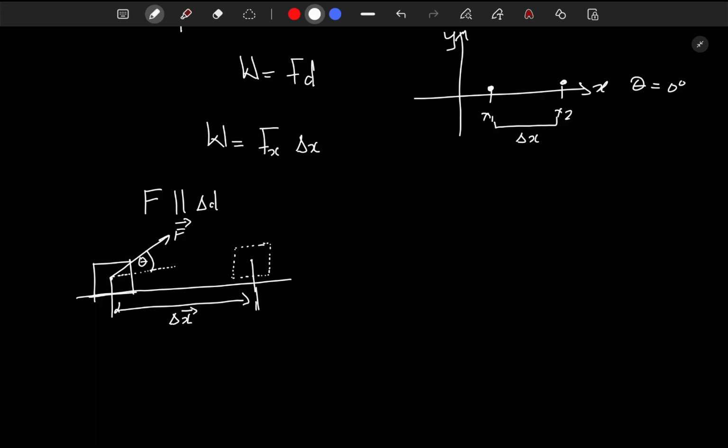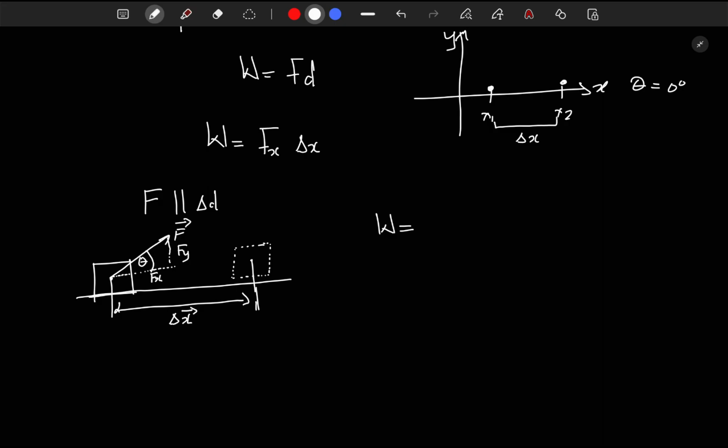You will discover that this force will be resolved into two: the force Fy and the force Fx. But remember that for work to be done, the force and the displacement must be parallel to one another. So this force in the x is the only one which is parallel to the displacement.